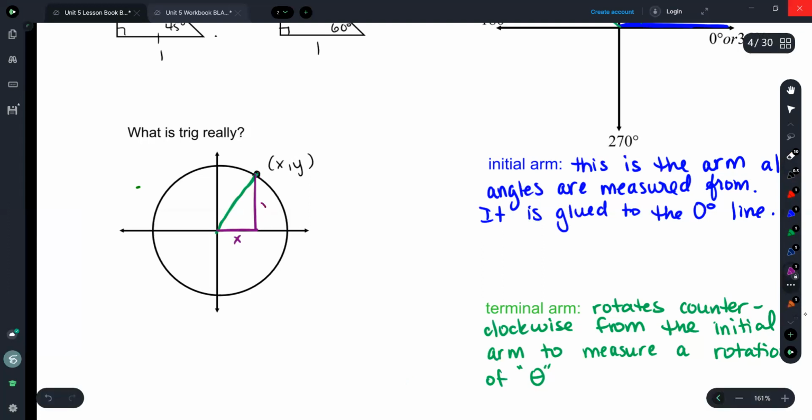And this is where our right angled triangle comes from, and this is where our unit of measurement theta comes from, right? To get from here out to here.